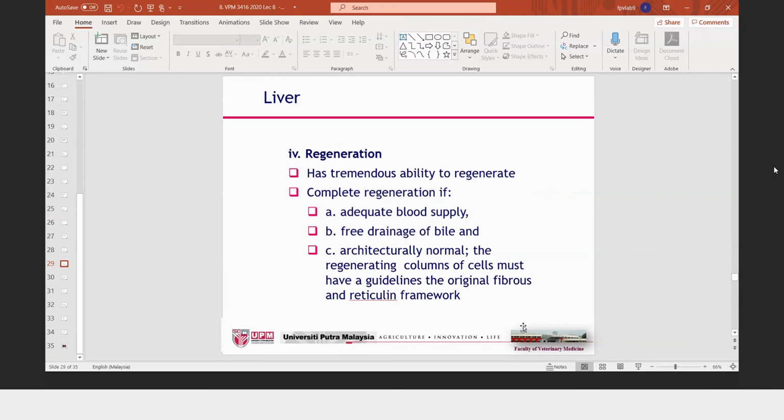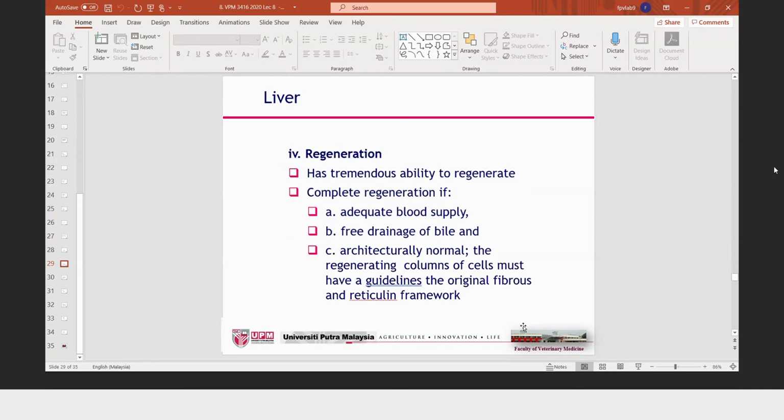The liver is able to regenerate. Liver regeneration is good; they have the ability to regenerate. And complete regeneration is possible with three requirements. The liver is able to regenerate if there is an adequate blood supply, meaning the blood supply is still there.